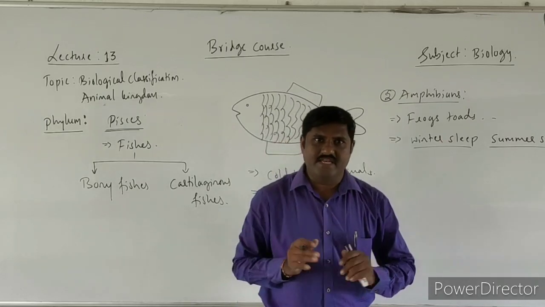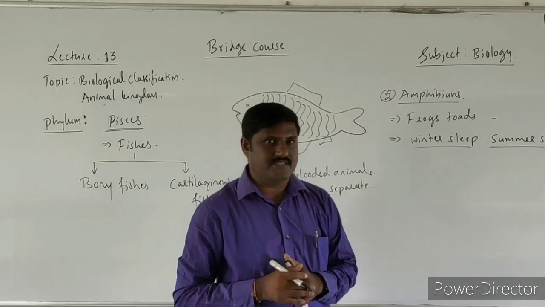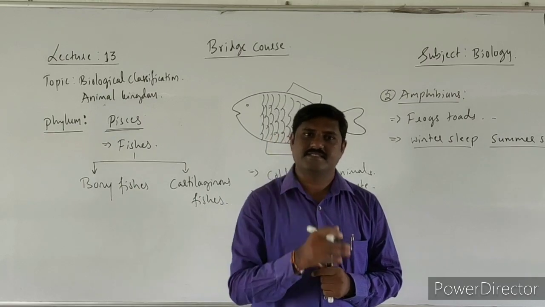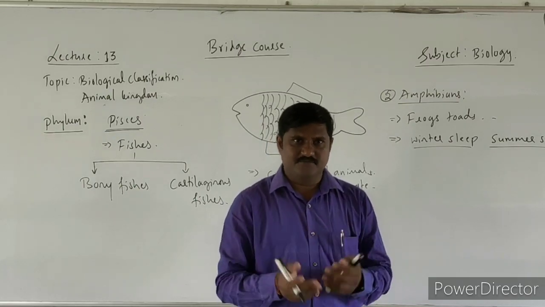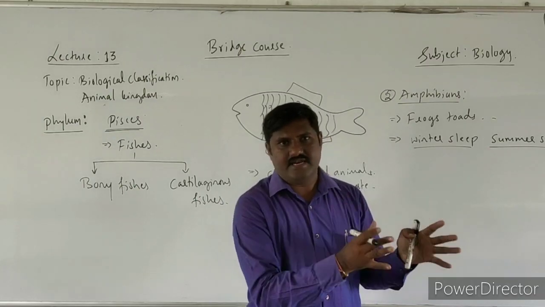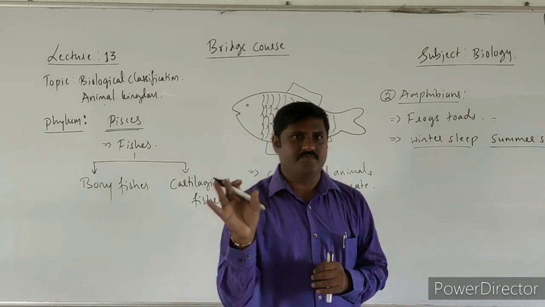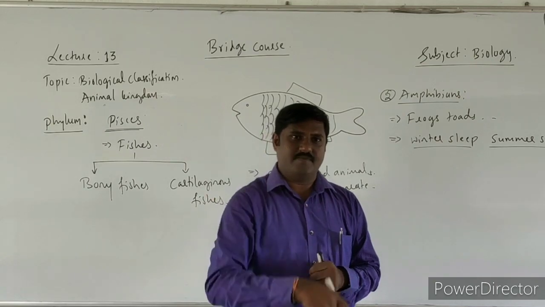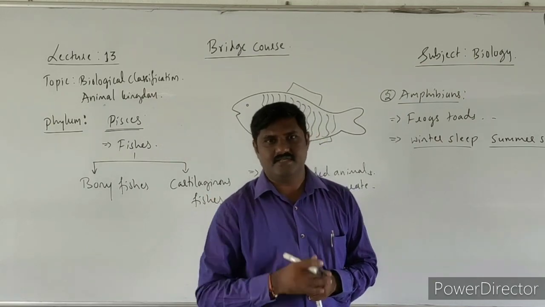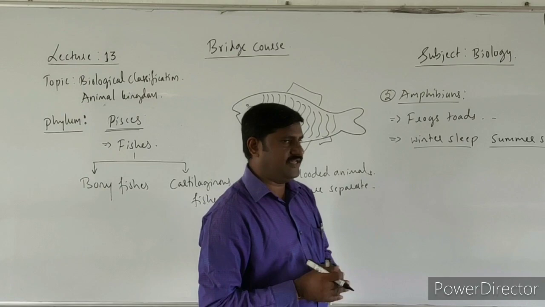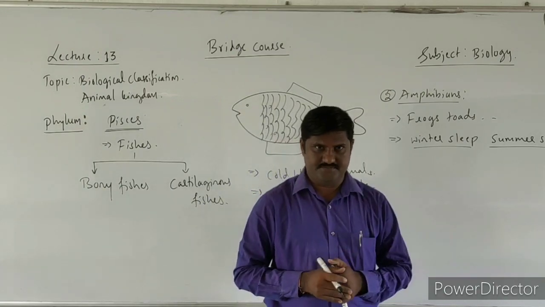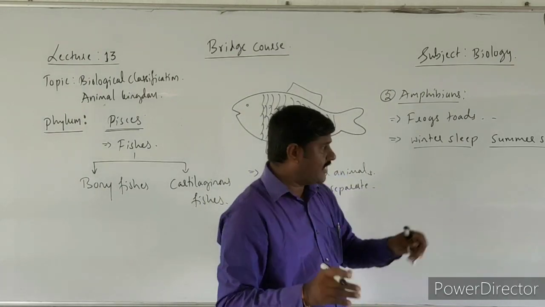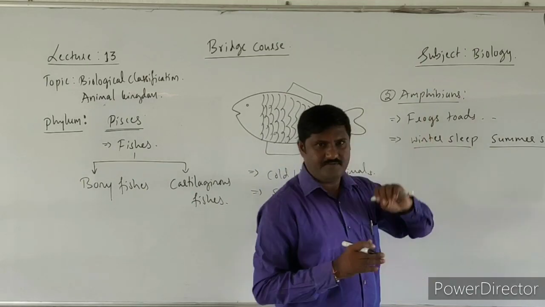They do not have any food at that moment. They utilize the fat under the skin as food and remain inside the burrows. They do not reproduce at that time, right? And whenever favorable conditions like the rainy season occur, they become active and reproduce, right? So these are important features of amphibians.